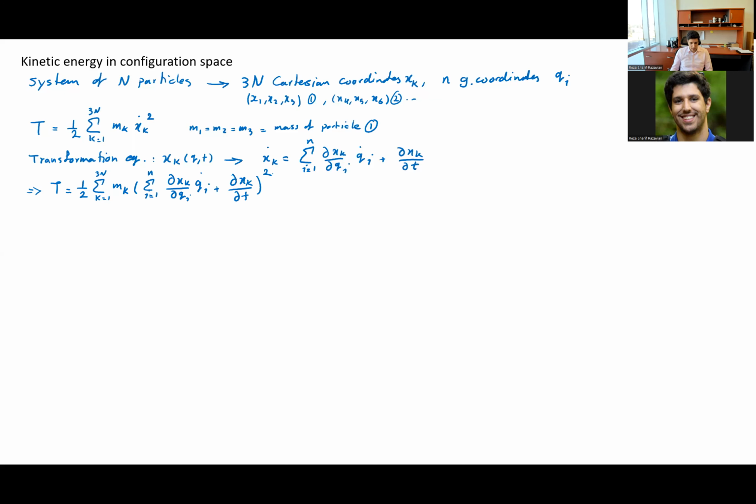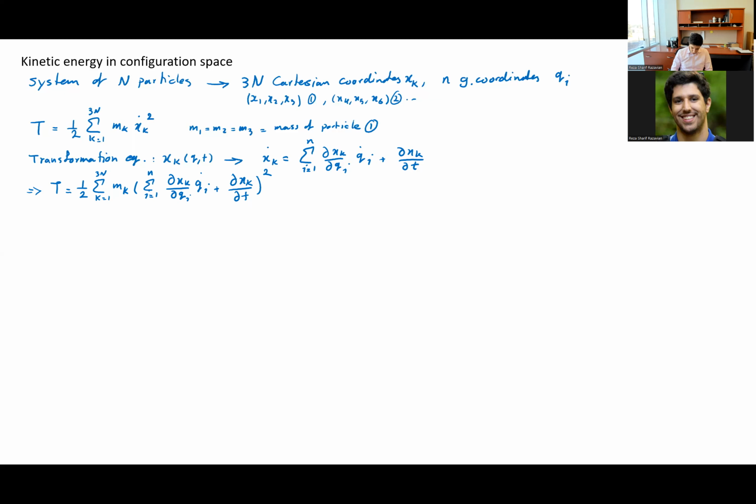So we have a lot of terms here. I have n plus 1 terms added together and then squared, and then I have 3n versions of that. So I have a lot of terms.